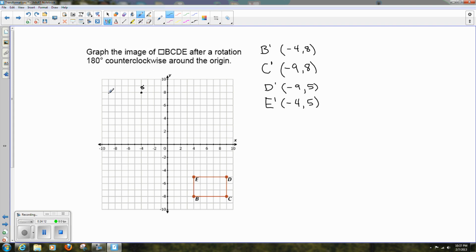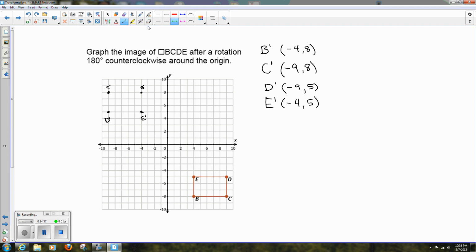This is C prime. -9, 5. So there's D prime. And then E prime is -4, 5. So that's E prime.